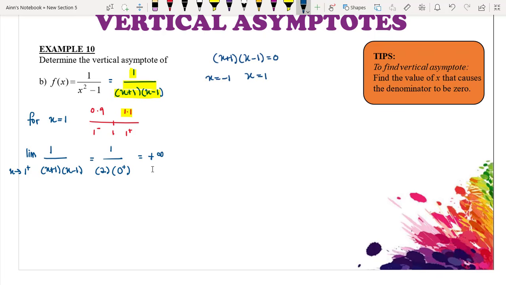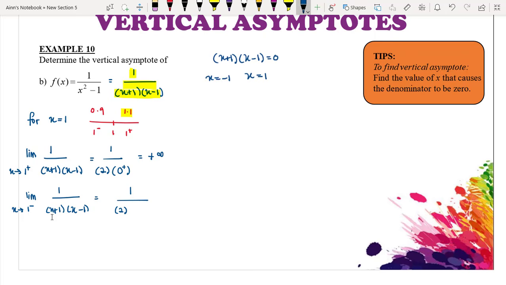So now we need to find the one from the left, the limit as x approaches 1 negative, of 1 over (x plus 1)(x minus 1), equals, again, 1 over. For x plus 1, we get 1 plus 1, we will get 2.